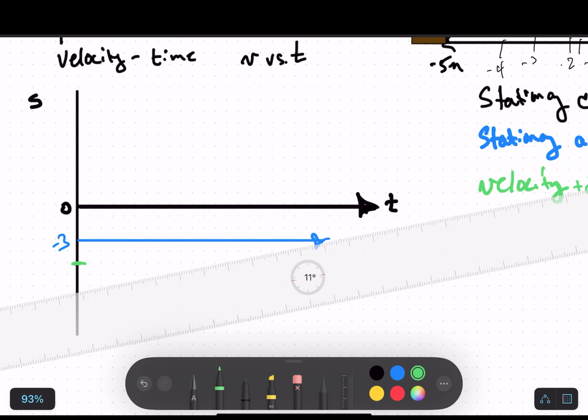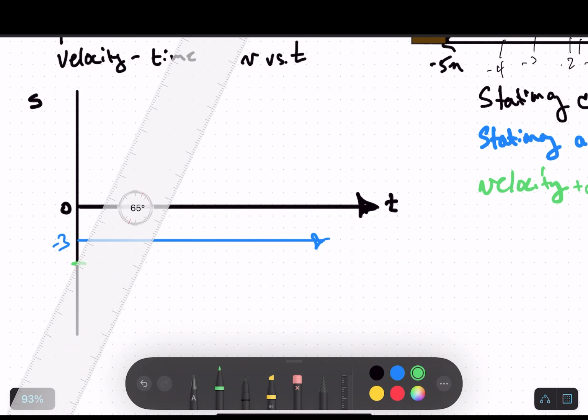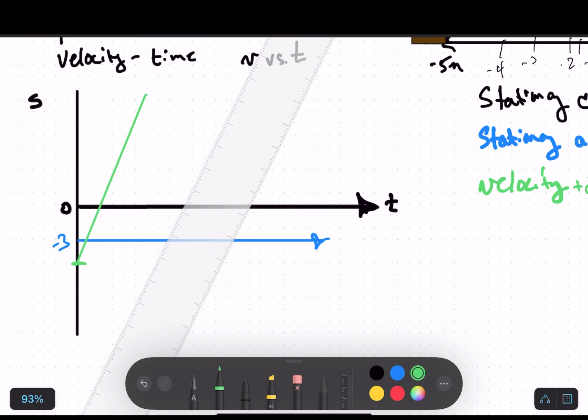And our velocity was plus 2 meters per second, so that means that for every second we're going to increase by 2 meters. And so that leads us to a position time graph that looks something like that. All right, so that after 1, 2, 3, 4, 5, 6 seconds, we should have increased by, sorry, this is negative 5, right?